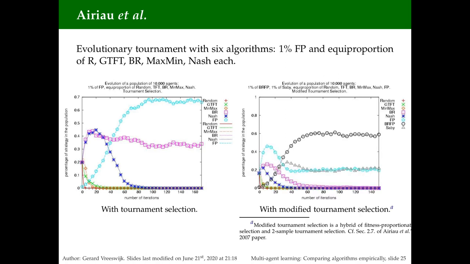And in another mix, so it depends on the mix which algorithm comes out best, best response fictitious play comes out best. Here it was with the tournament selection as described a few moments ago, and this is with another evolutionary selection method.